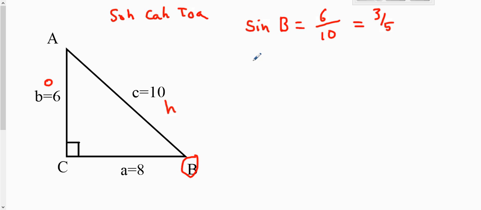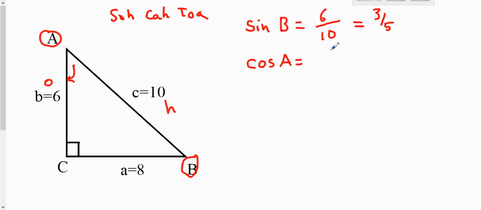Now I'm going to jump over and do cosine. This time I'm going to change it up. I'm going to find cosine of A. So our new point of reference is the other acute angle, A. So its hypotenuse stays the same. This time we're looking for the adjacent side. So the adjacent side of A is the next-to side, which is here, the side that's not the hypotenuse.